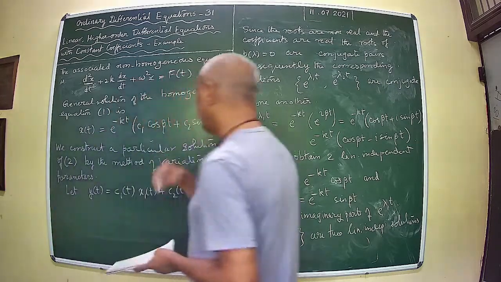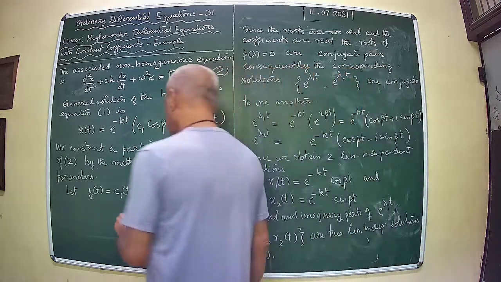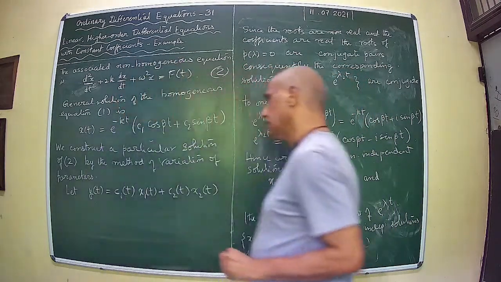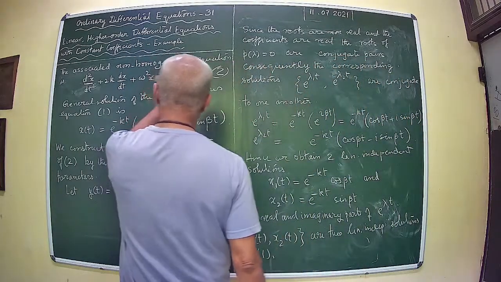Now we allow C1 and C2 to be functions of t and then try to determine these functions, demanding that this satisfies the equation 2.